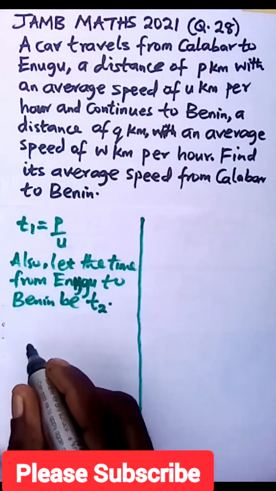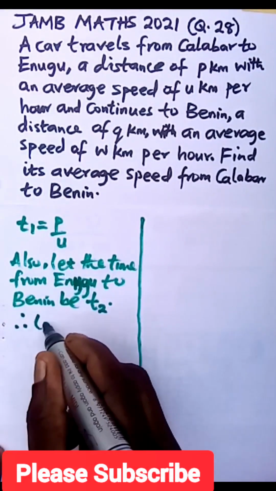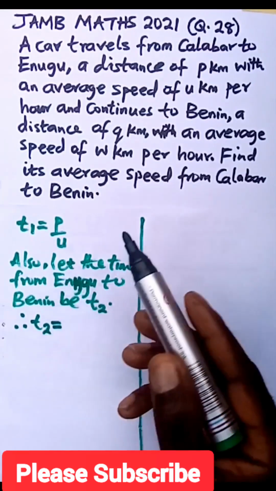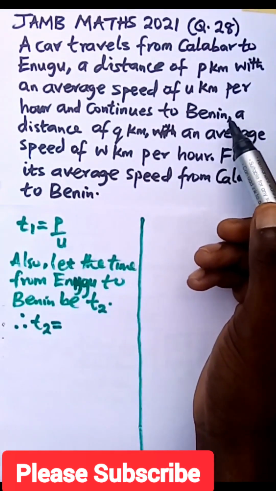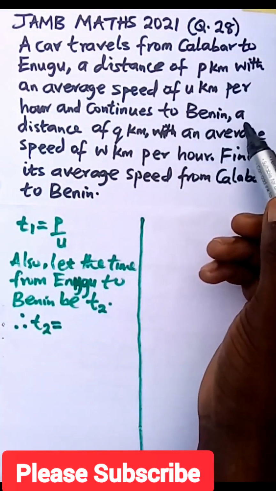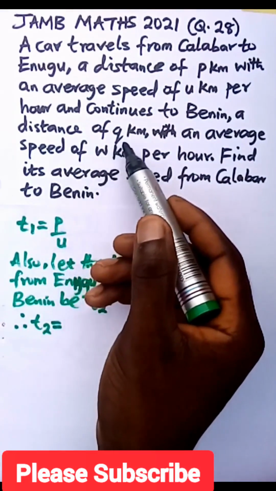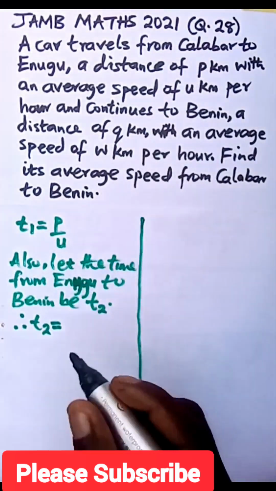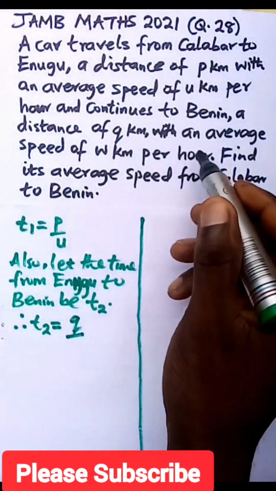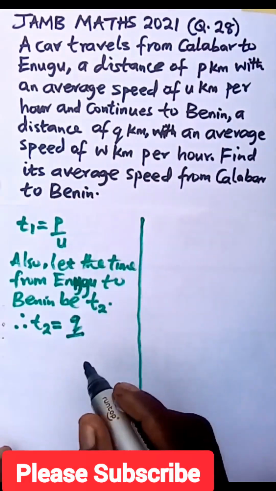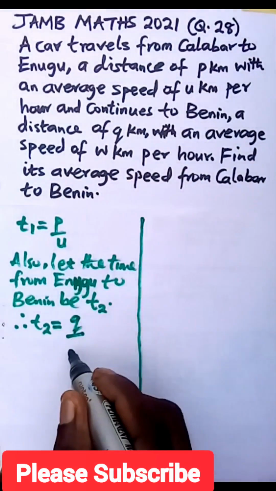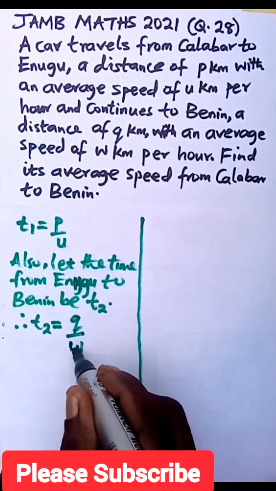So from that we can have that therefore T2 is equals to, let's go back to the question, and continues to Benin a distance of q kilometer, that is distance, with an average speed of w km per hour, average speed of w km per hour. So we have w average speed.